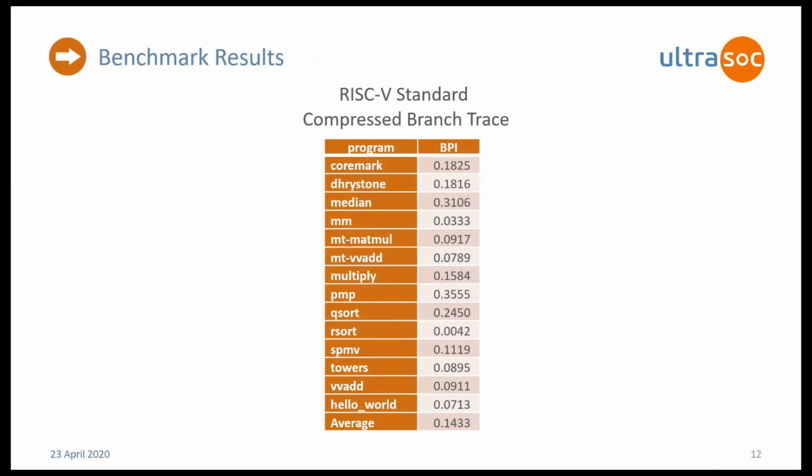If we look at, for example, QSort in the middle in there, we run that benchmark with trace, and we count how many bytes or bits of trace are coming out, divide that by the number of instructions, and we get, let's say, about a quarter of a trace bit per retired instruction.